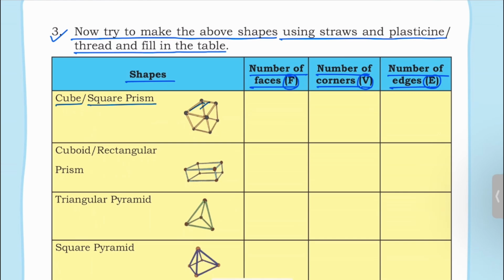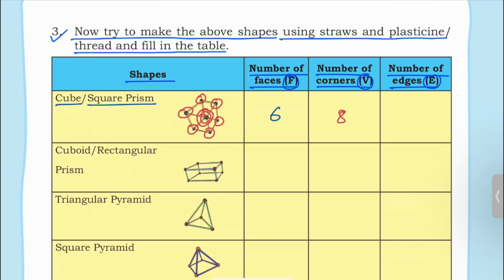Number of faces 1, 2, similarly 3, 4, 5 and 6. One at the top, one at the bottom, one in front, one in back, and one in left and one in right. 6 faces. Number of corners 1, 2, 3, 4, 5, 6, 7 and one behind, just opposite to this one, 8.